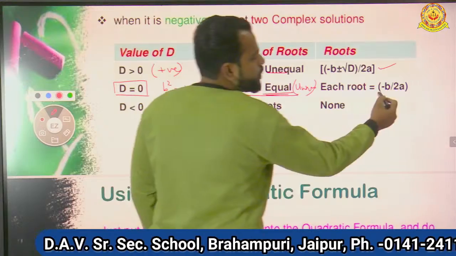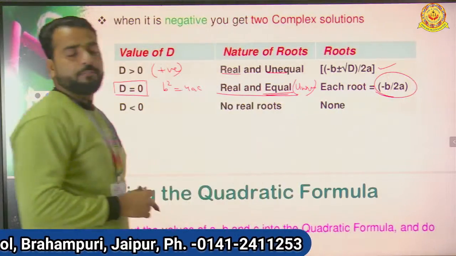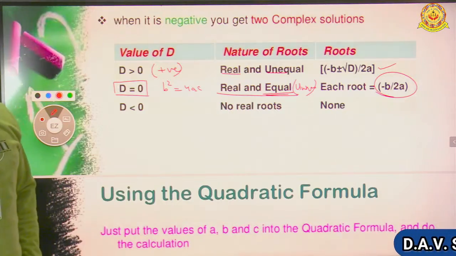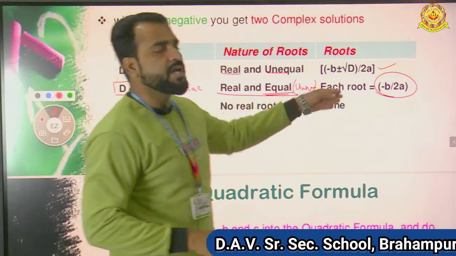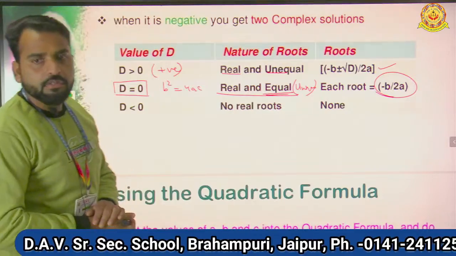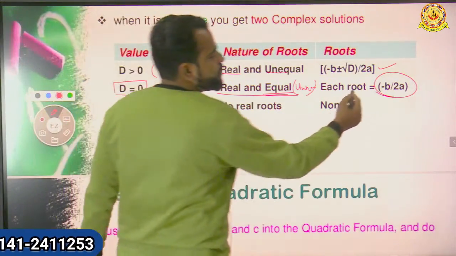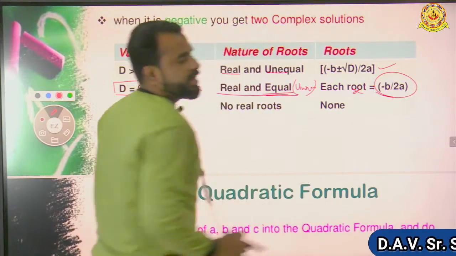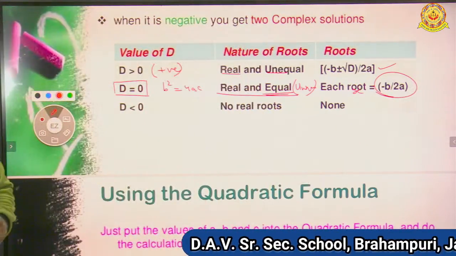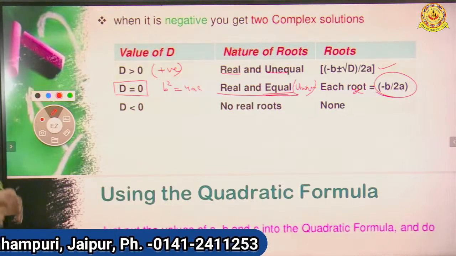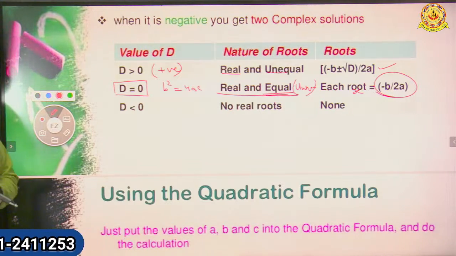And what are the equal roots? Minus b upon 2a, because D will become 0, so the square root will become 0, so only minus b upon 2a will be there. Understood? So D is equal to 0. In that situation, your root x value will be minus b upon 2a only. Note down, x is equal to minus b upon 2a in the case when the discriminant is 0.